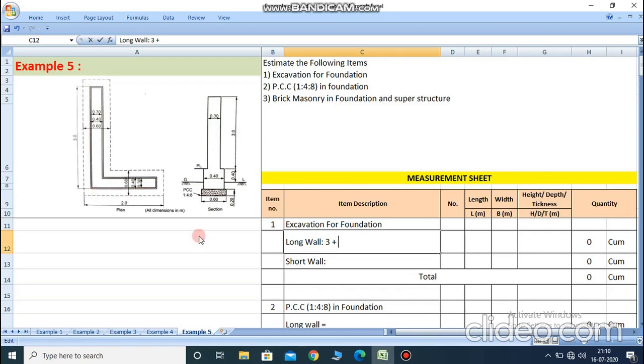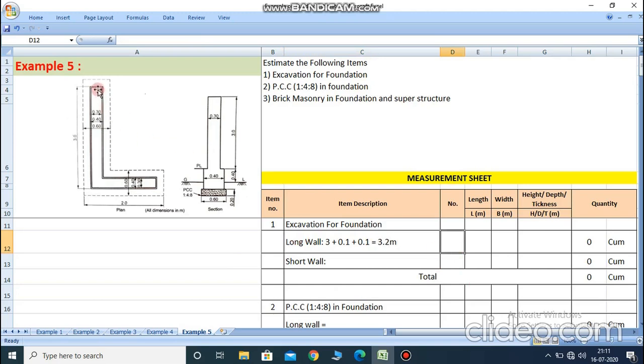So here we add 0.1 two times, for the upper side and for the lower side. So here the summation is 0.1 plus 3 plus 0.1, and we get the answer 3.2 meter. So here long wall length is 3.2 meter.